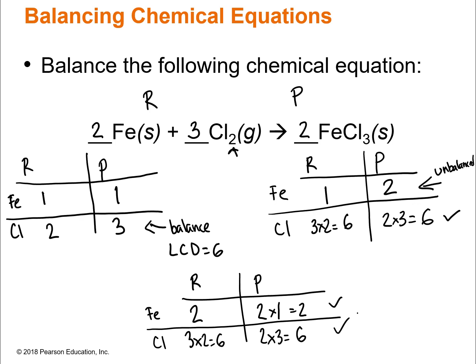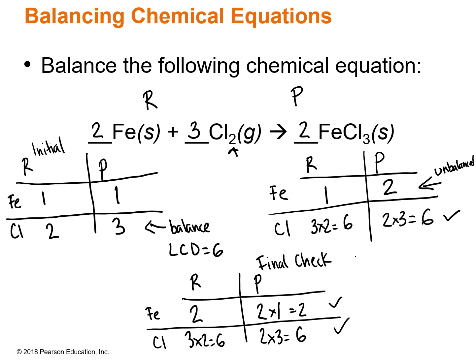So I like to do a chart after each time I add a number to my original chemical equation. That way I can keep track of what's balanced and what's not. As you get more comfortable, you may not need to do a chart every time, but I definitely recommend doing your initial chart to see where you are and where you should start balancing, and your final check.